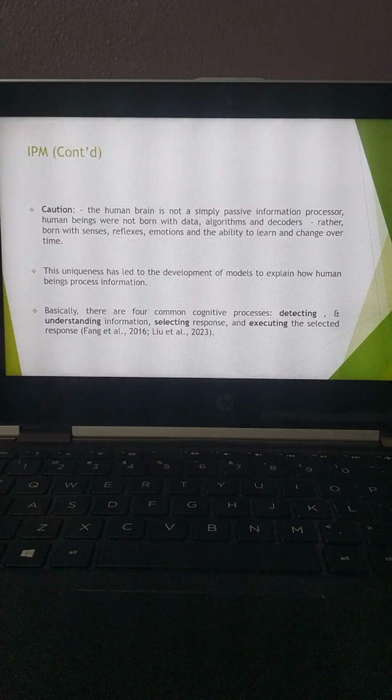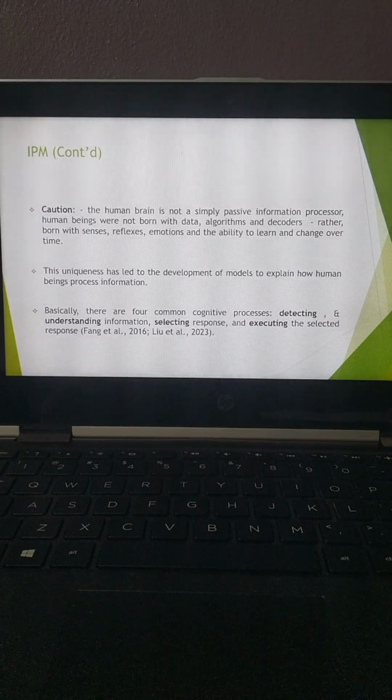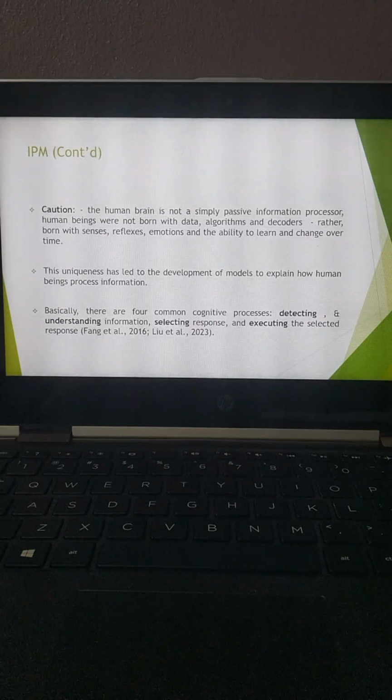Basically, there are four common cognitive processes. They are detecting, understanding information, selecting a response, and executing the selected response. Detecting is how we recognize or see the information, the stimuli that the environment gives us.